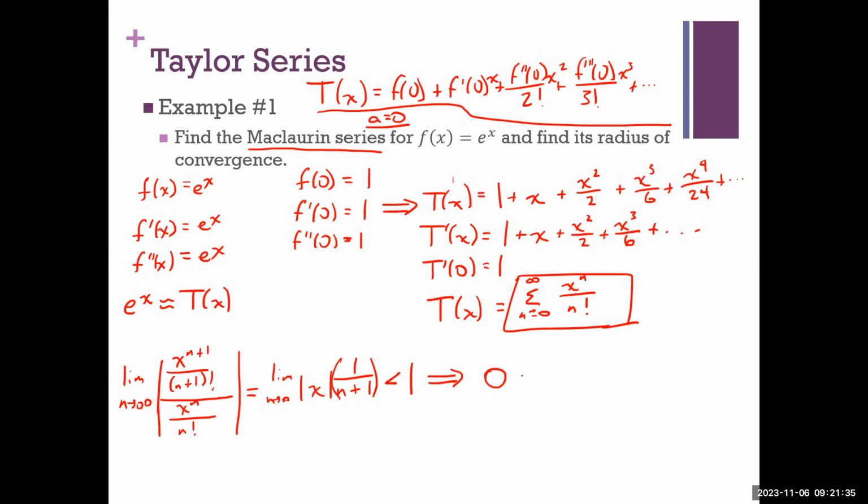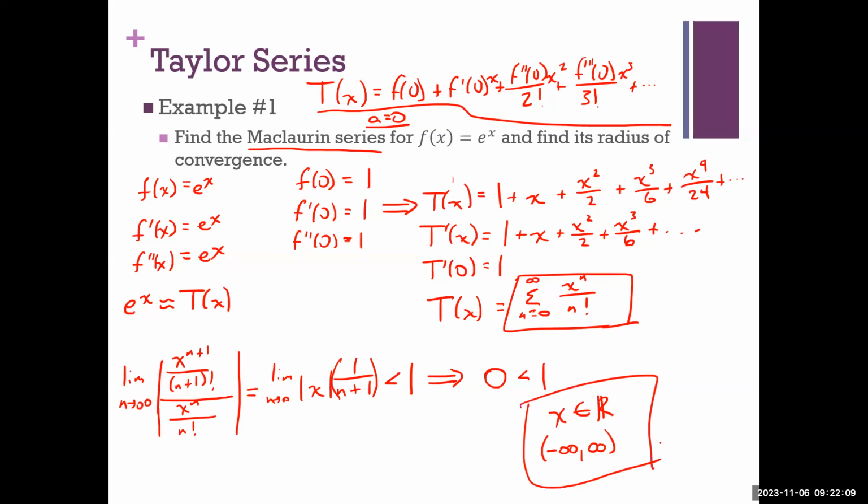So I get 0 is less than 1. So it does not depend on x, essentially. The x gets annihilated. So what does that mean about where this series converges? It converges for all real numbers, so x from negative infinity to infinity.